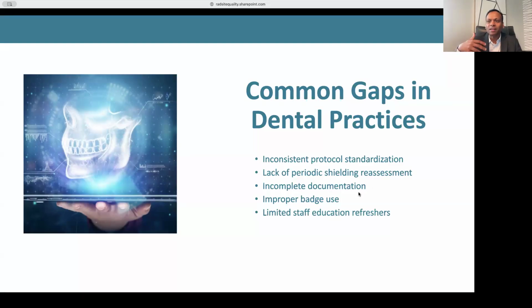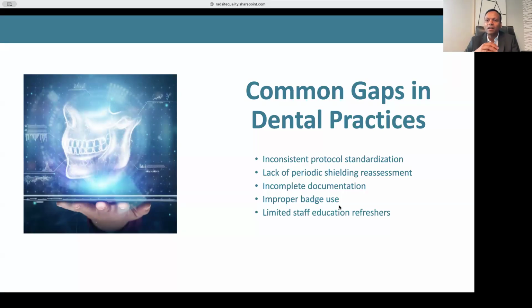We also briefly talked about how to wear the badges or the dosimeters. In one of my recent experiences, one of these physician operators, not in a dental practice but in an IR setup, was not wearing a ring badge when his hands were in the primary beam, and the NRC was obviously not happy about it, and they had to cite the facility for that.